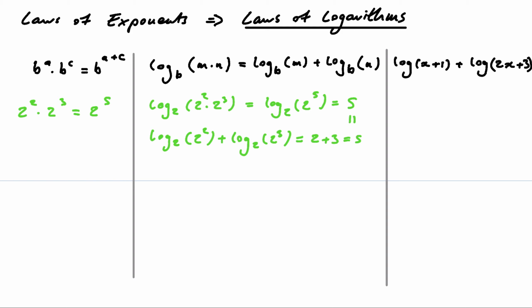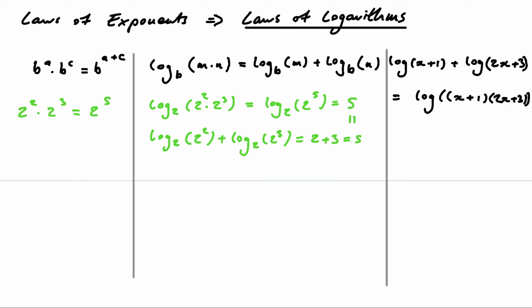So can I unite these into a single expression? Well, yes, because of the sum. So the sum I know has to be equal to the product, so maybe I should write it properly. So this is going to be united together into log of the product of these two guys, x plus 1 times 2x plus 3, assuming everything's positive. So we've got to make the assumption, remember, you can't take logarithms of negatives.